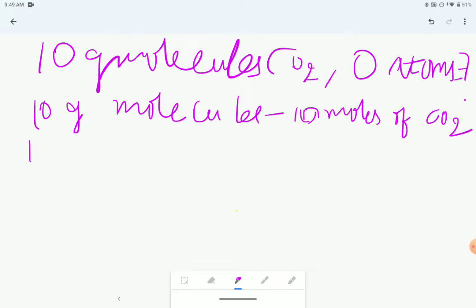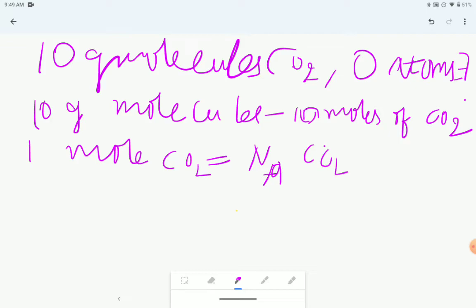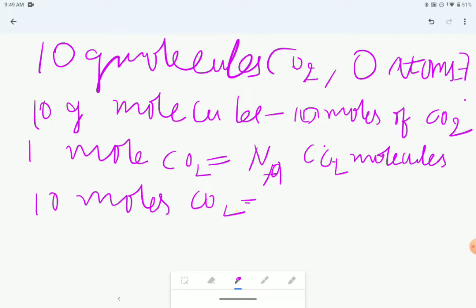1 mole of CO2 contains Avogadro number of CO2 molecules. 10 moles of CO2 contain 10 into Avogadro number of CO2 molecules, right?